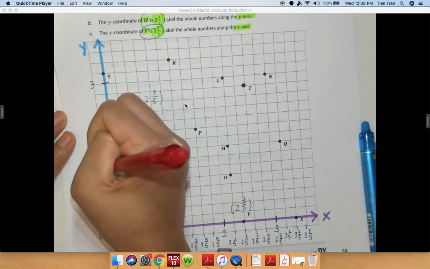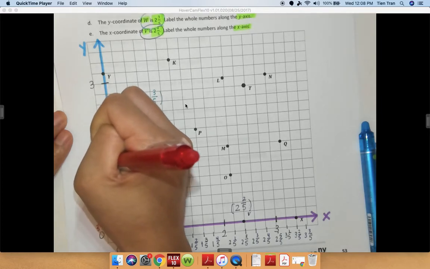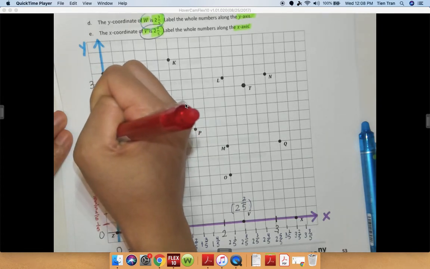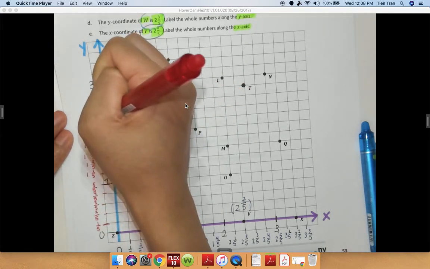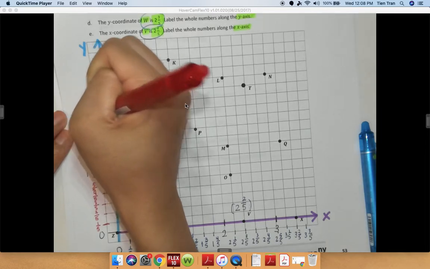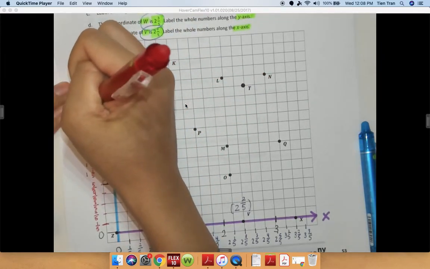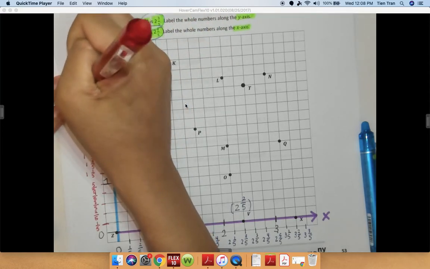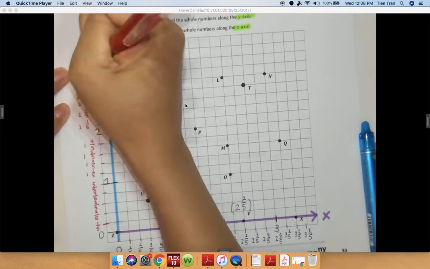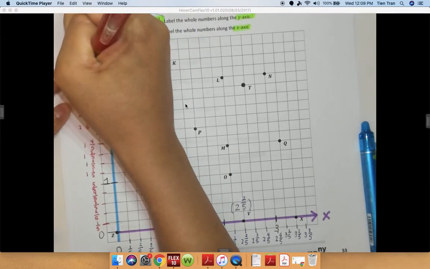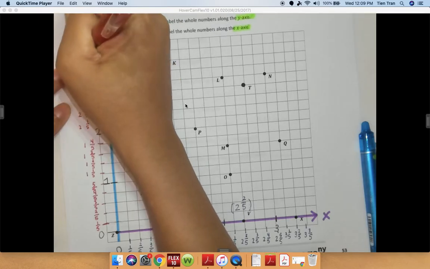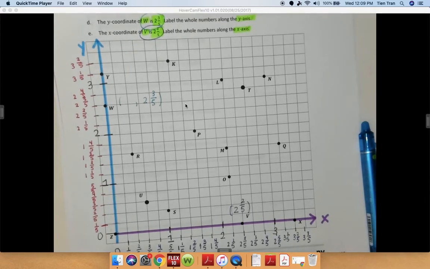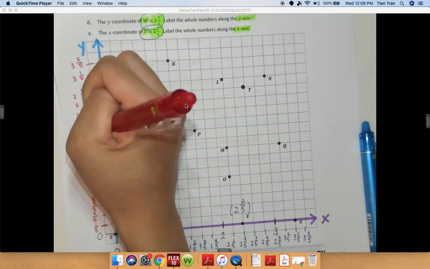So we have 1 and 1 fifth, 1 and 2 fifths, 1 and 3 fifths, 1 and 4 fifths, and then we have 2, and this one is 2 and 1 fifth, 2 and 2 fifths, 2 and 3 fifths, 2 and 4 fifths. And over here we have 3 and 1 fifth, 3 and 2 fifths, and I think it ends there because K is the last coordinate you have. So I'm going to stop right there. You want to write this one would be 1 and 5 fifths.